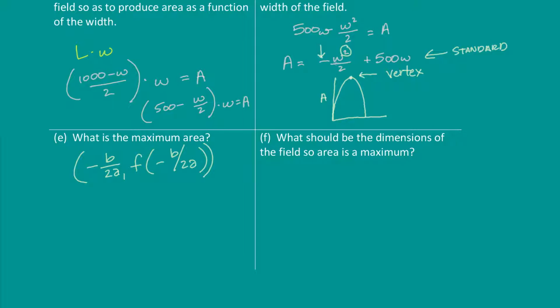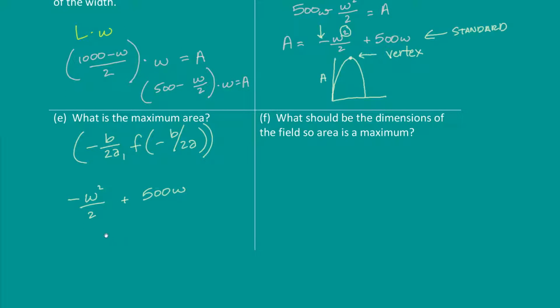So negative b over 2a, if I take my function, which is negative w squared over 2 plus 500w, that's going to be negative 500, because 500 is our b, divided by 2 times our a. Our a is negative 1/2, right?